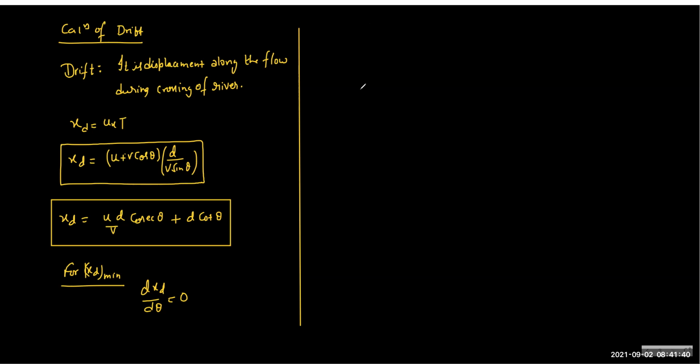Minus cosec into cot theta, right? So when you differentiate by theta, what do you get? u d by v, which is constant, and cos theta will give you minus cos theta into cot theta, and cot gives minus cos theta.